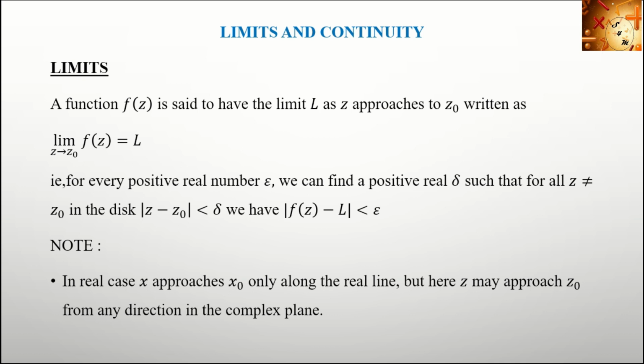It may be through the x-axis or the y-axis or through a curve or a line, etc. So here we want to check along each path, real path, imaginary path, or through a line or a curve. And if a limit exists, it is unique. Along each path we get a limit, and we say the limit exists if it is unique.